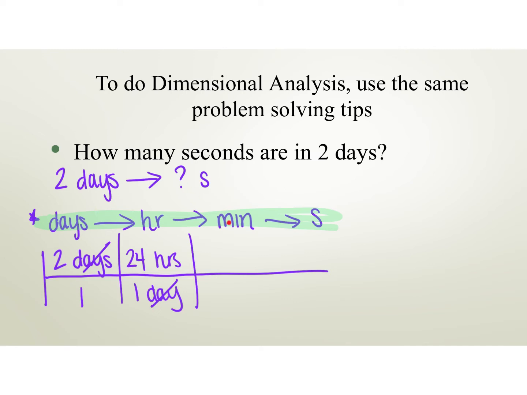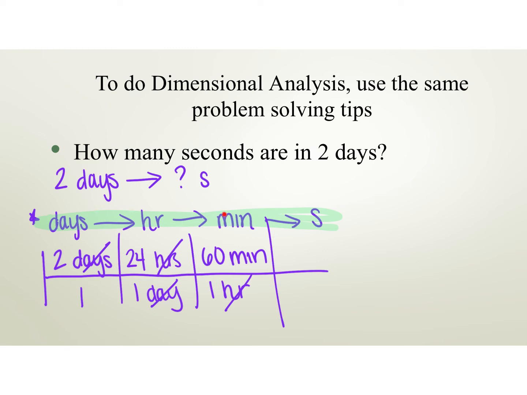Now we're in hours and we have to get to minutes. How many minutes are in an hour? 60. What unit has to go in the bottom? Why does hours have to go in the bottom? It's got to cancel. So for every 1 hour, there's 60 minutes. Hours cancel.